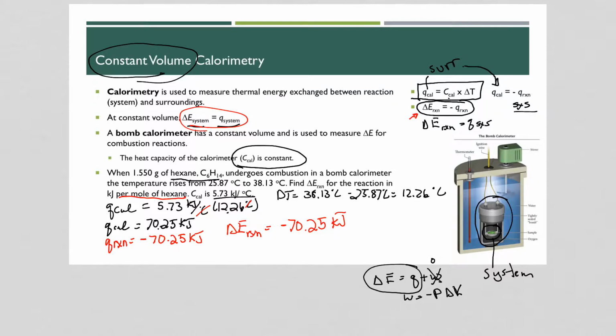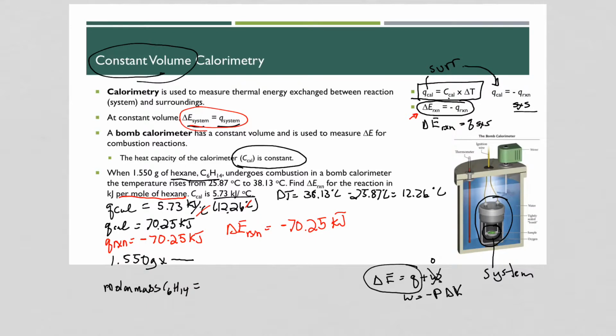So how do we do that? Well, first of all, we have to know how many moles we have. So if we take 1.550 grams, we need to know the molar mass of hexane. Okay? So molar mass C6H14 equals 6 carbons plus 14 hydrogens.